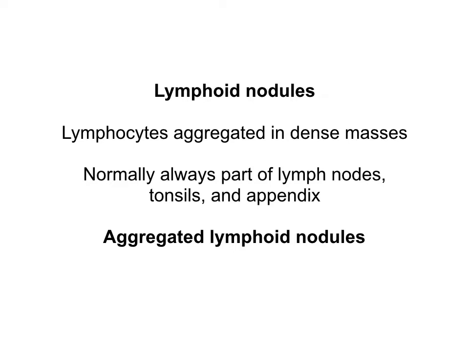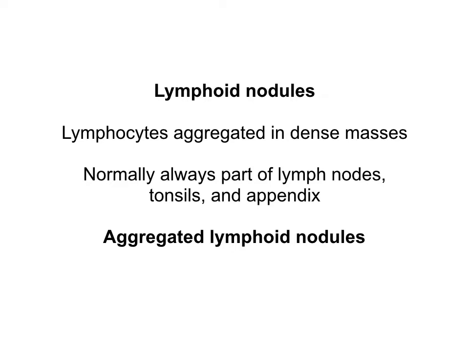Now, they're almost always normally part of your lymph nodes, your tonsils, and your appendix. We're going to be talking about those structures soon because they're classified as lymphoid organs. So you do have lymphoid nodules that are part of your lymphoid organs. You also have some separate lymphoid nodules that sort of exist on their own.